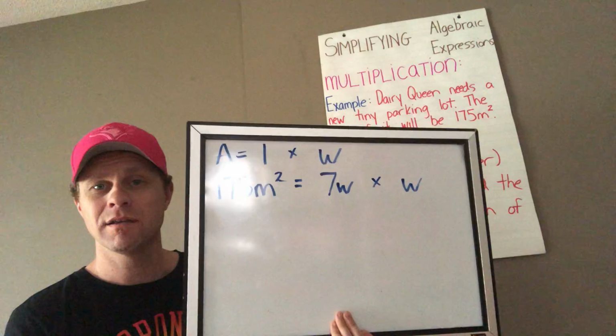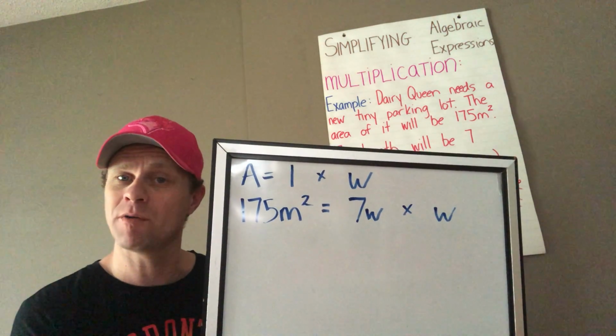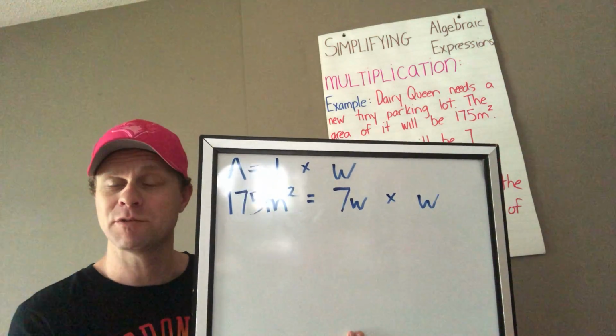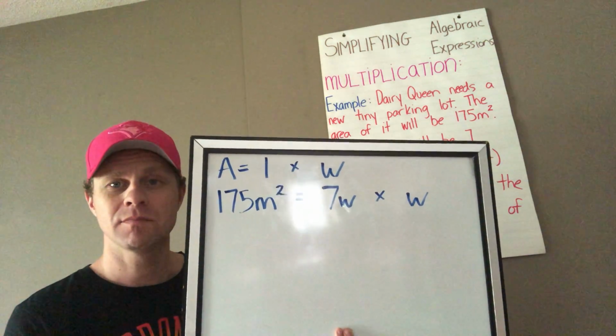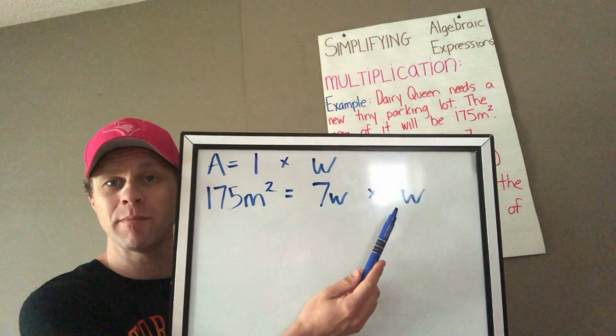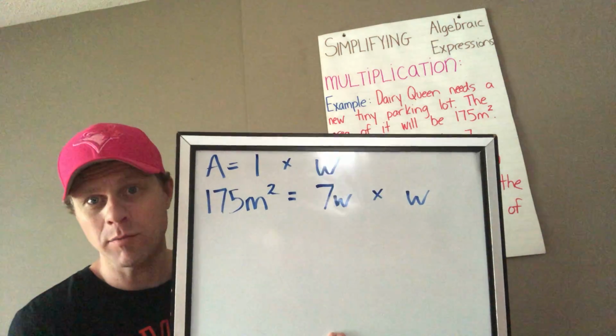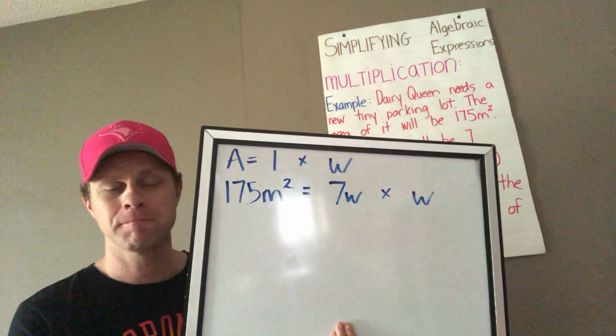Take a minute, think about what we talked about in our last video where we learned about multiplying algebraic expressions. And what do we do? Now, since there's only the W here, we remember that it's actually 1W. So we're multiplying 7W times 1W.